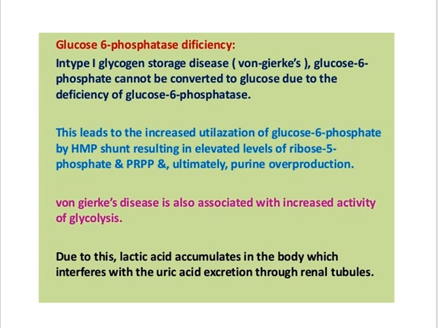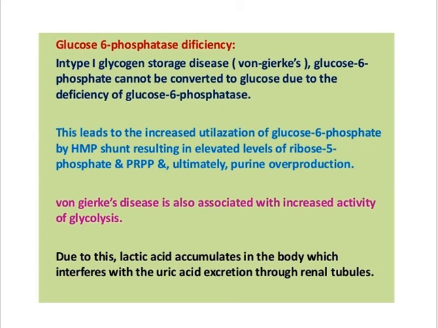Another condition which leads to the excessive production of nucleotides is von Gierke disease. This disease is characterized by the deficiency of glucose 6-phosphatase. With the deficiency of glucose 6-phosphatase, glucose 6-phosphate cannot be converted to glucose, so there is an increased concentration of glucose 6-phosphate.